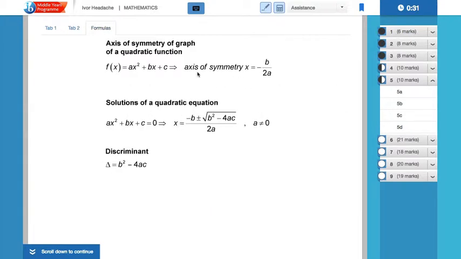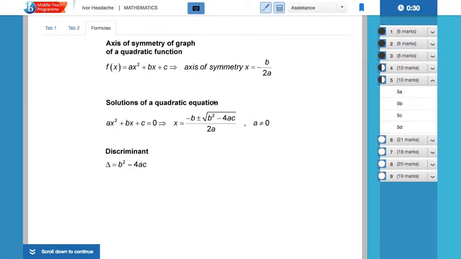You've got the axis of symmetry of a parabola. We're not really going to need that because although we're going to need to know where the symmetry axis is, it's kind of intuitive because of the reflective symmetry of a parabola.